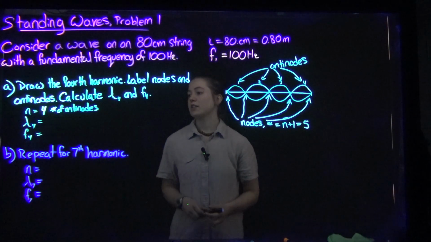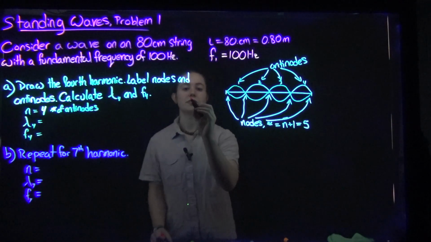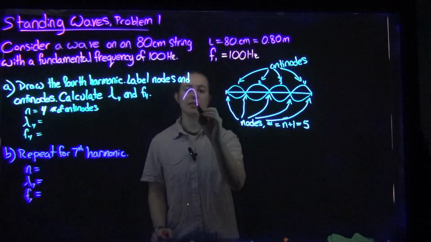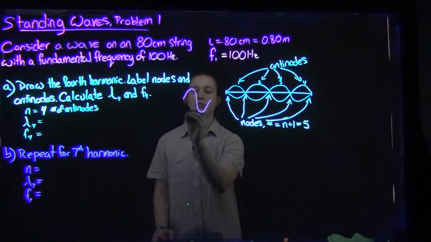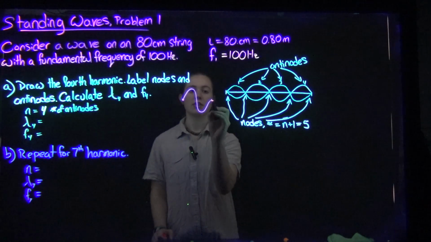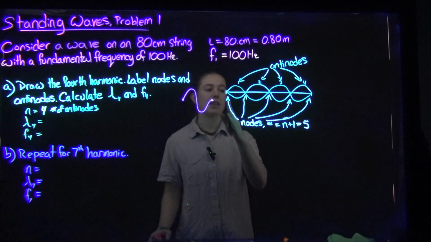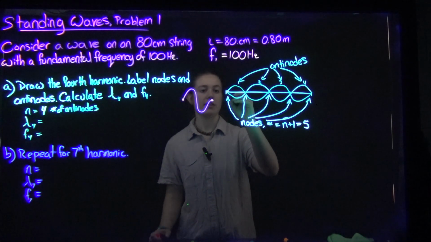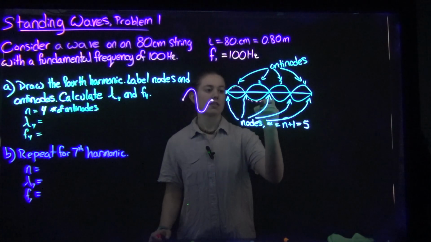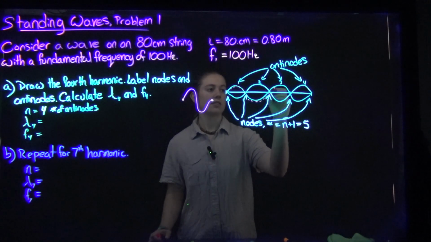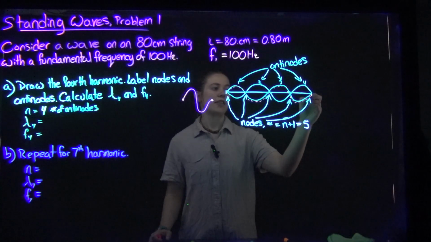All right, so what is our wavelength? You remember, one wavelength looks like that. We measure it from the start to the end of just one wave pattern. So we can count how many wavelengths we have along the string. There's 1, and there's 2.